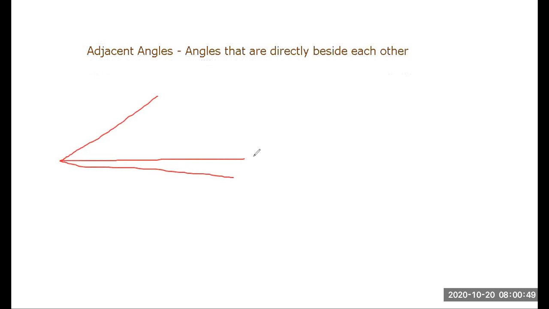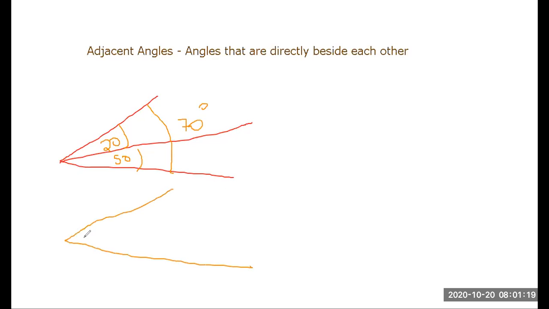For example, these two angles right here are adjacent. They're right beside each other. So if I say these two angles together, say this is 20 and this is 50, both of them together is 70.